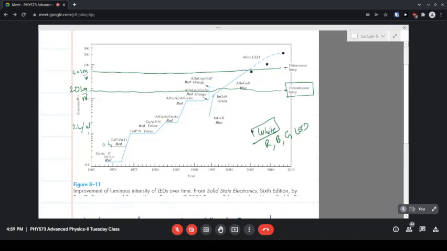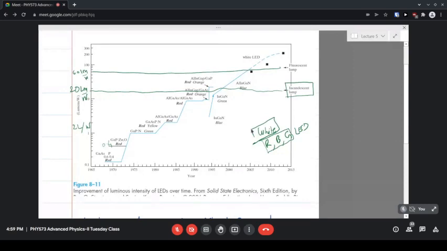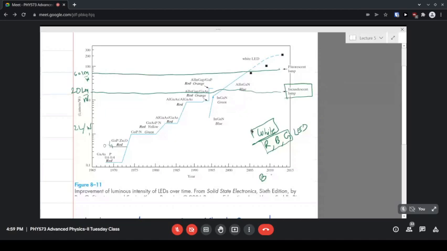So there are two ways of obtaining a white LED. One is you combine a red LED, a blue LED, and a green LED together. You know the primary colors are red, blue, and green, and if you combine them, you get white light. But the most common nowadays is that you use only a blue LED and some phosphors.